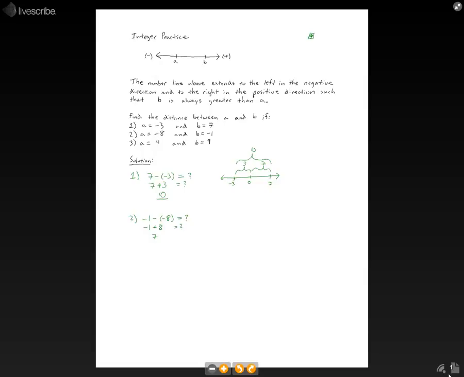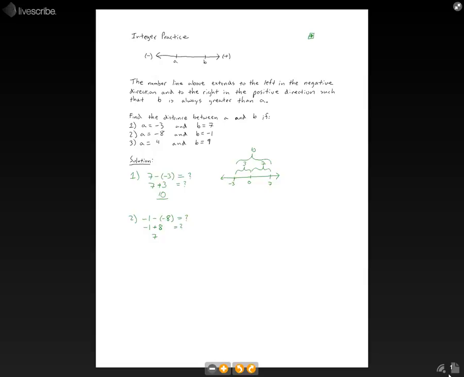And to check, the reason I know it equals 7 is because remember that with the addition rule, it doesn't matter if you add 8 to -1 or -1 to 8.